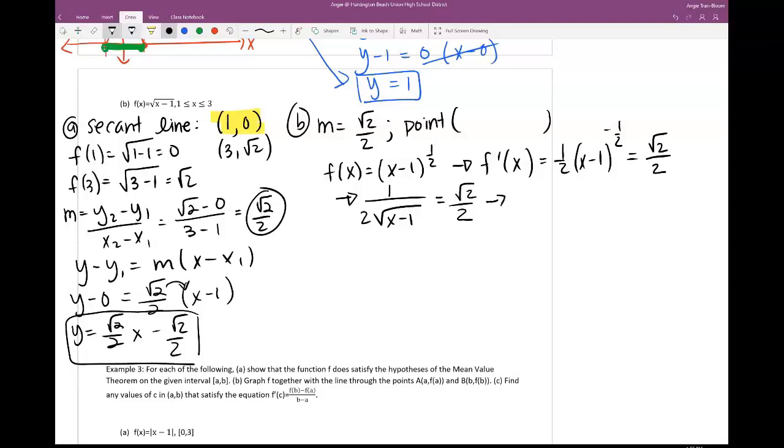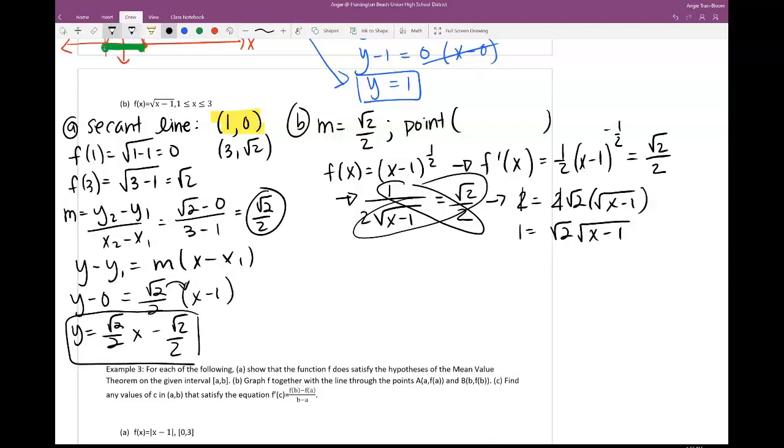So this would now be 1 times 2 is 2 equals, now that goes that way, 2 rad 2 times radical x minus 1. Okay, well, these two will cancel. So now I have 1 equals rad 2 radical x minus 1. Technically, I can put these together, but you don't have to if you don't feel like it. Okay, now I remember I'm still solving for x, so I'm going to divide both sides by rad 2. So now I have 1 over rad 2 equals radical x minus 1. What we're going to do from here is square both sides.